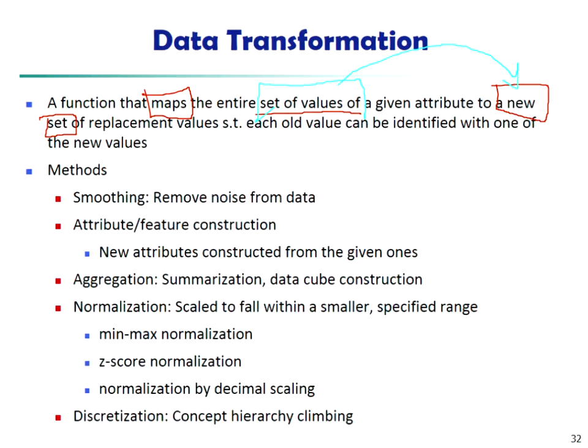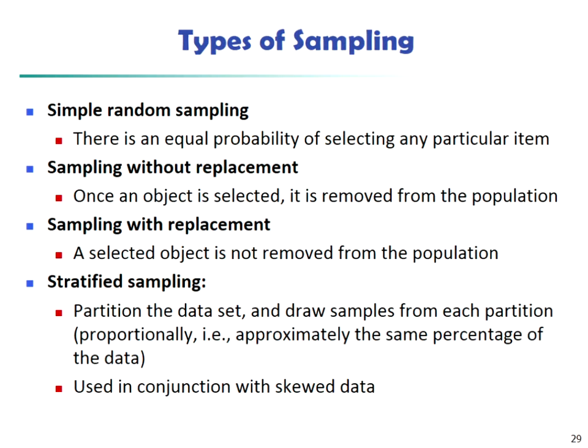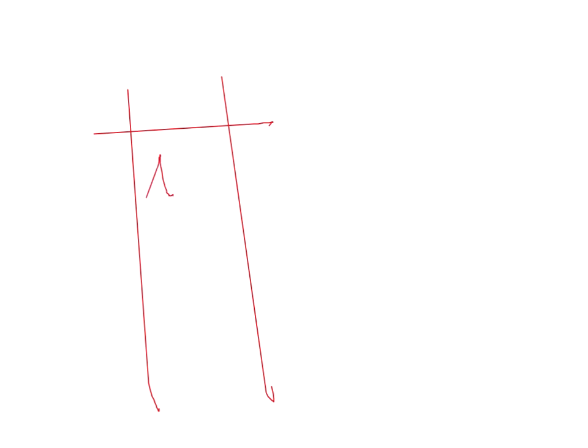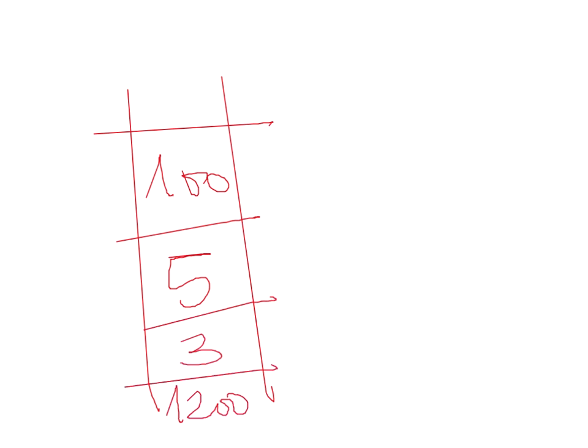So in my case, if I use this normalization, for example, I have these values: 100, 5, 3, 1200. So the new value equals V divided by 10 to the power g.